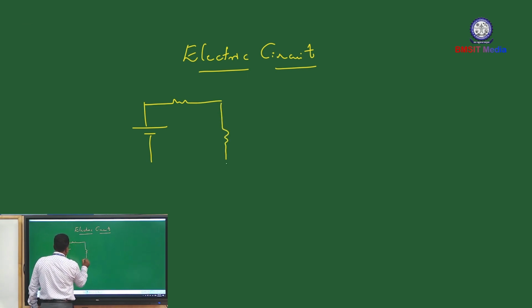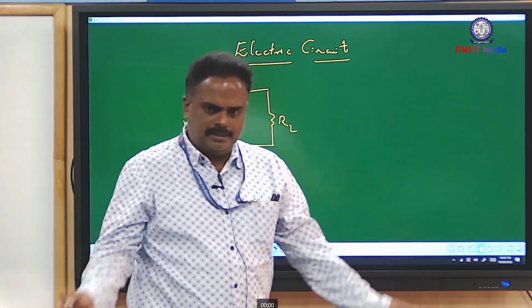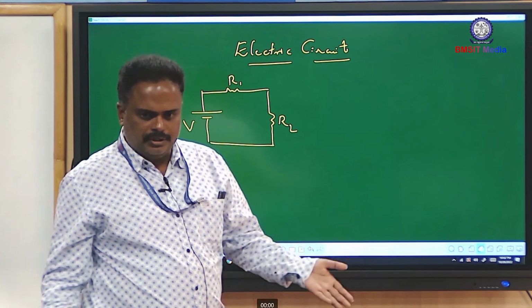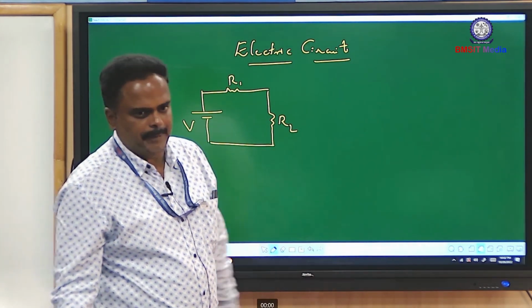A DC circuit consists of DC voltage source or current source and resistors. This is a simple DC circuit having a voltage or battery. You can have any number of resistors connected in various configurations. So it's an interconnection of elements.